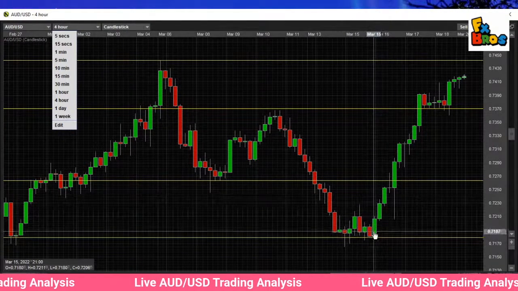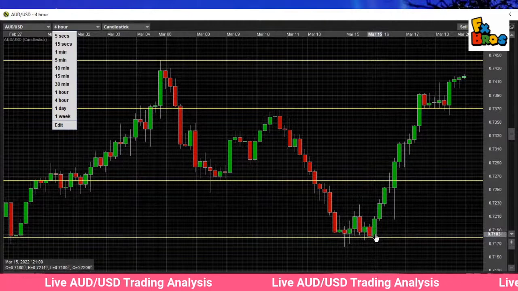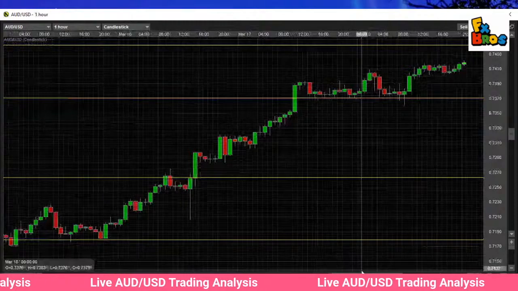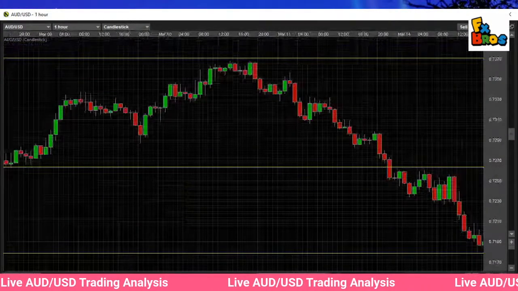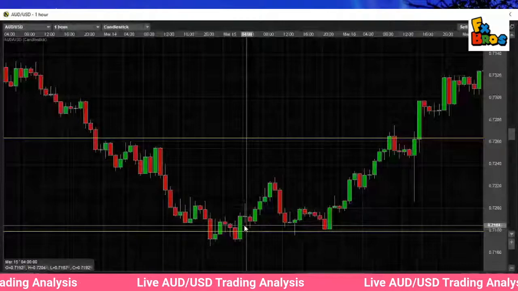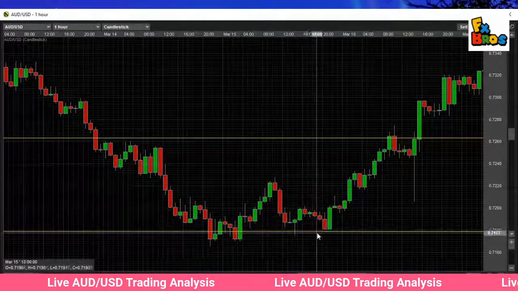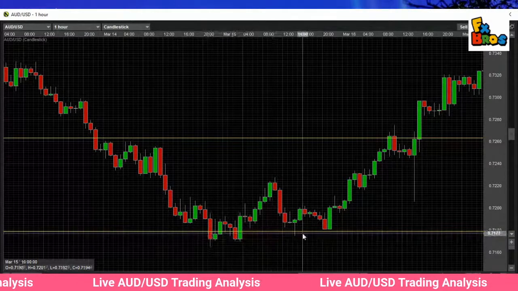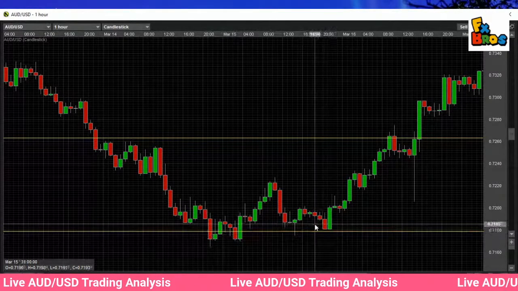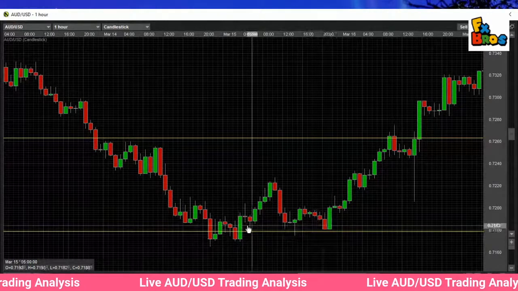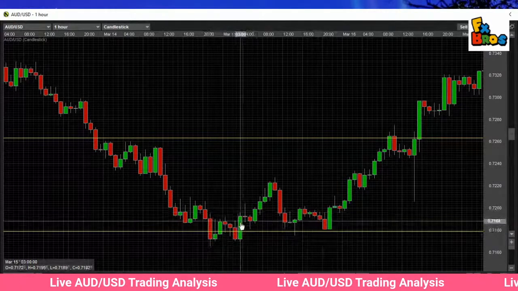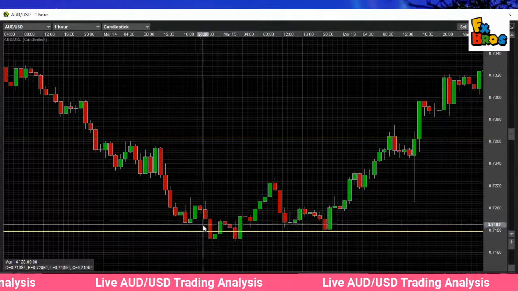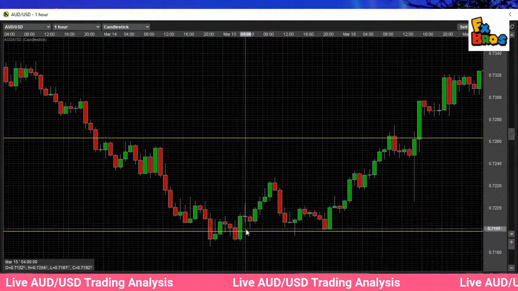So we zoom in on March 15th on the hourly. You have several levels of it trying to probe this area, trying to break through, but it got rejected over 3 times.